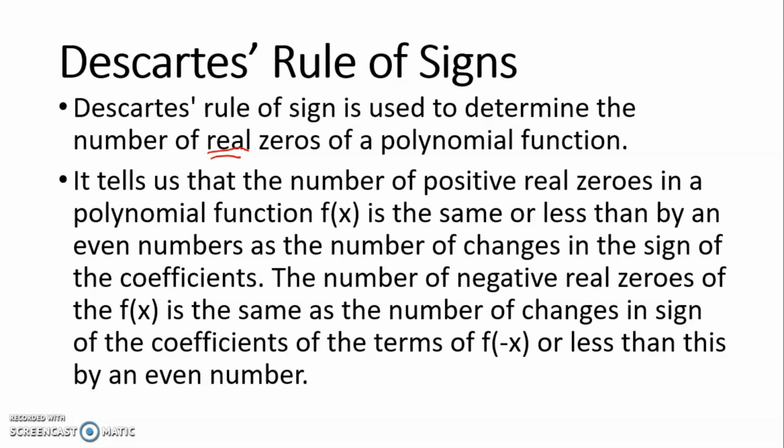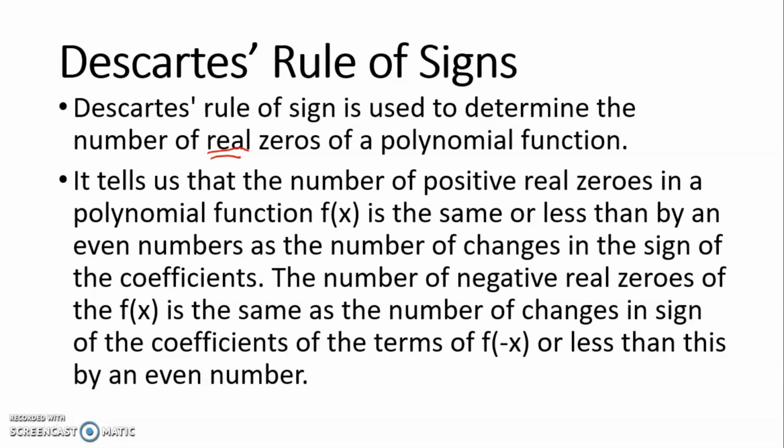But why do we have to determine the number of real zeros in the polynomial function? It's because it will tell us how many x-intercepts we can have in the graph of a polynomial function. Because an imaginary number we cannot graph. We cannot graph an imaginary zero on a real number line or in a Cartesian plane. This is why we only have to determine the real zeros of a polynomial function.